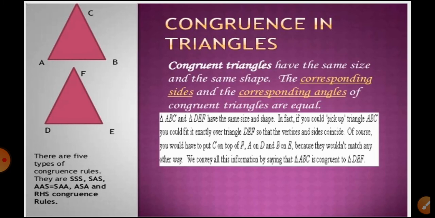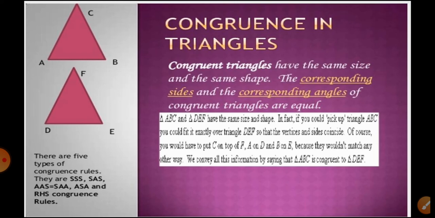Congruence in triangles. Congruent triangles have the same size and the same shape. The corresponding sides and corresponding angles of congruent triangles are equal. Here ABC and DEF are two triangles. There are 5 types of congruence rules.